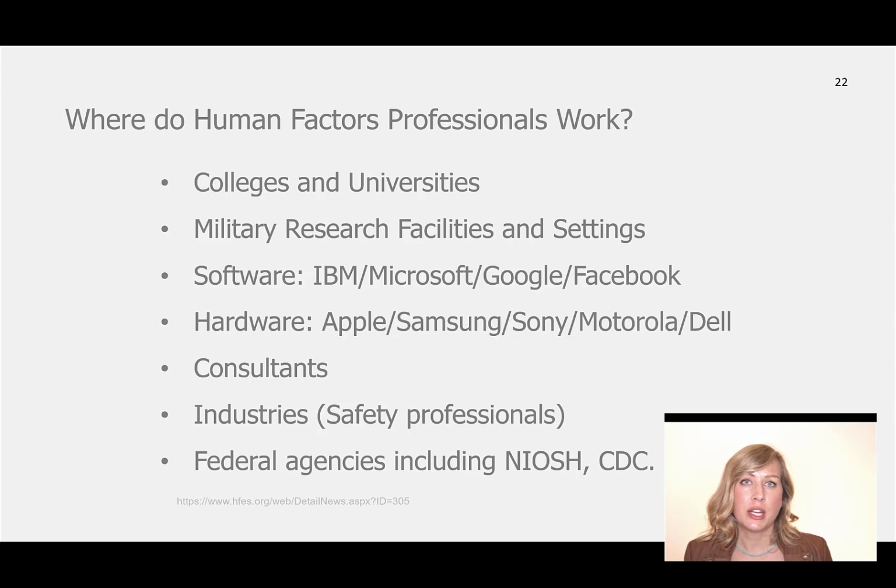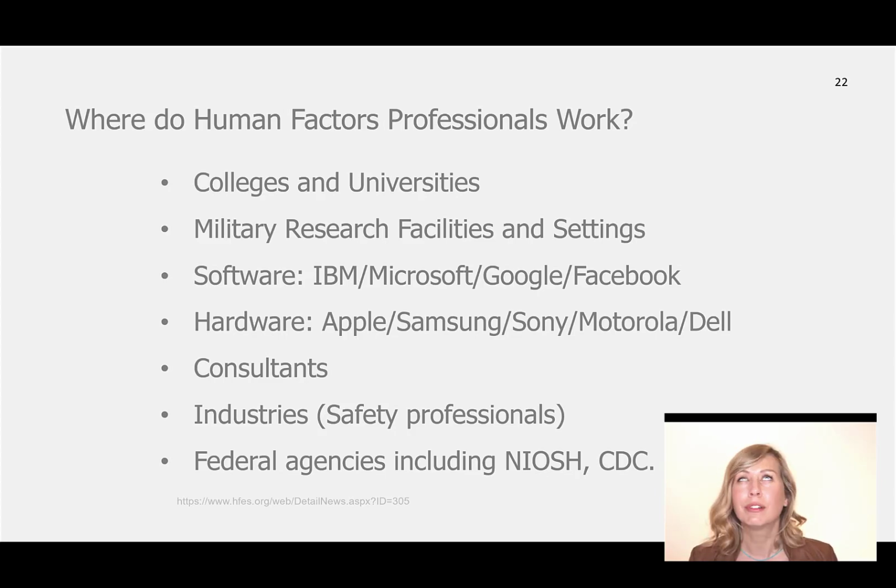If you're interested in the more traditional controls and displays application, you might consider applying human factors to more hardware design, in which case you might look at companies like Apple or Samsung, Sony, Motorola, Dell. I think actually Clemson has a unique partnership with Samsung, so there may be some opportunities there. There's always jobs in consulting, so human factors or human error consulting.